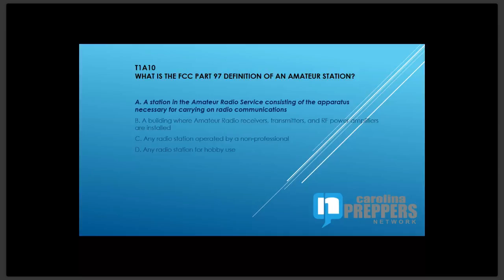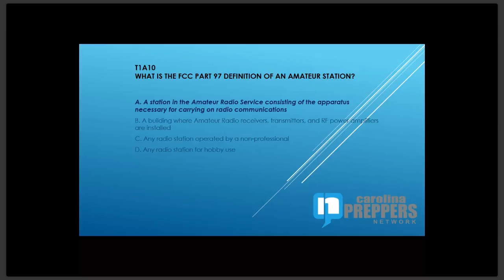Any radio station operated by a non-professional. Okay, that's a possible answer, but you've got guys that are ham radio operators, and they're in the radio industry. They work at radio stations. They're technicians. They work at radio shops that install radios in fleet vehicles, police, ambulance, things like that. So they're professionals.